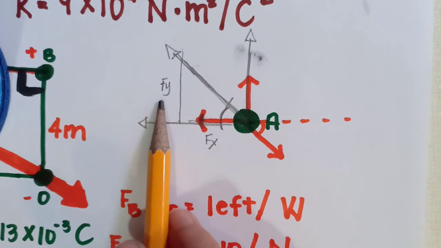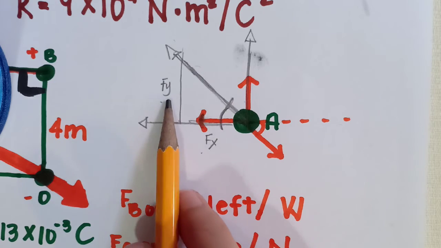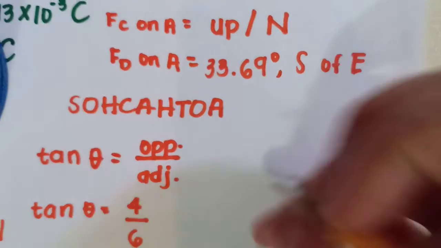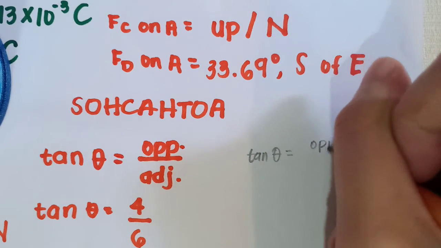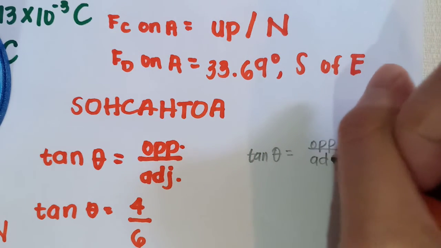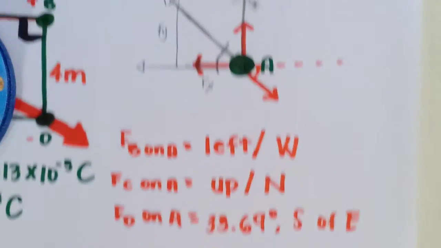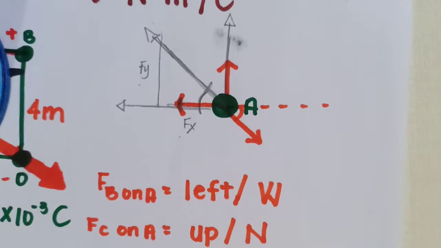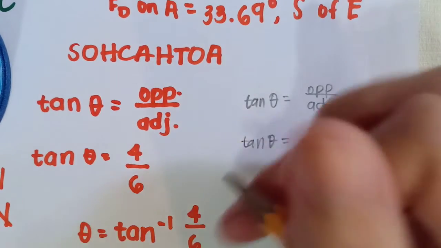Don't we already know the values of Fy and Fx? If this is the angle, we have opposite and adjacent. So we use tan again. Tan theta equals opposite over adjacent. The opposite is Fy, the adjacent is Fx.